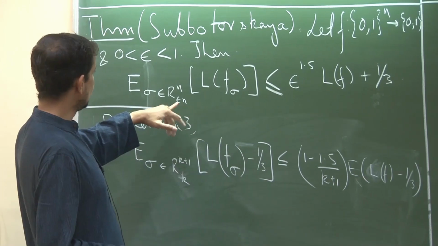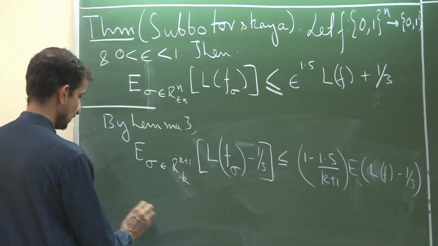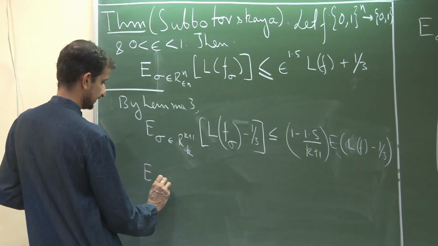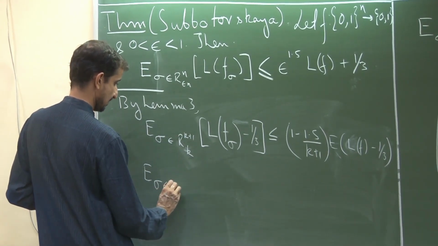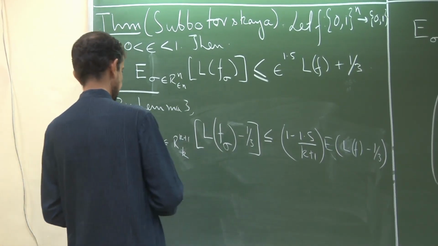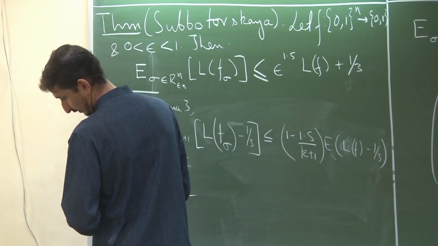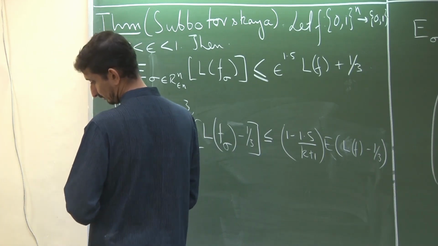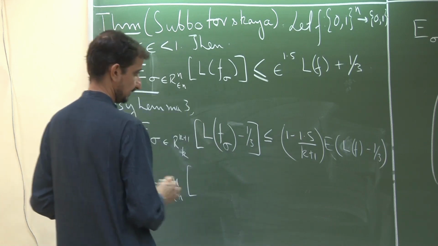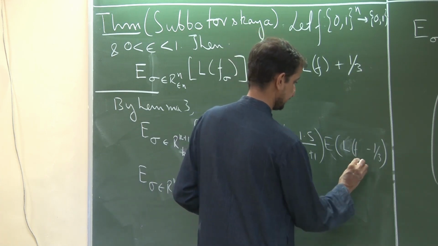I have to bring it down to epsilon n. So if I do this many times, what I will get is the expectation over sigma, r n, epsilon n. In fact, let me correct this: this should not be f over here, this should be f k plus 1.